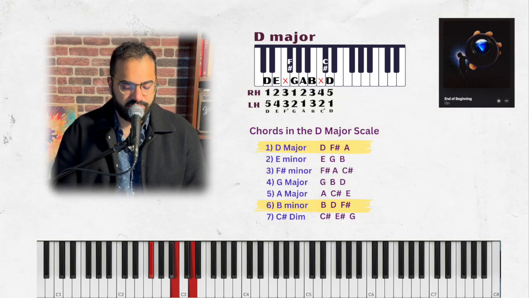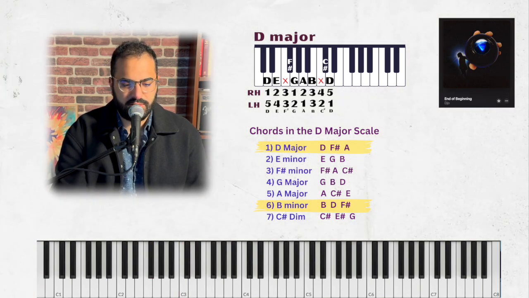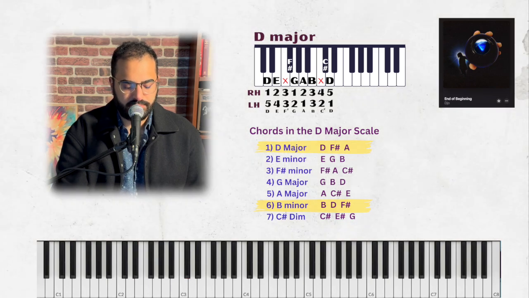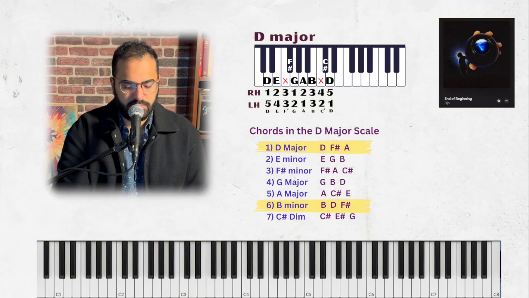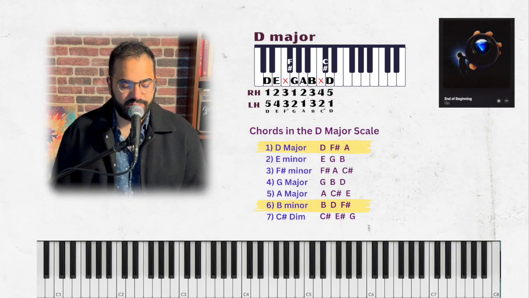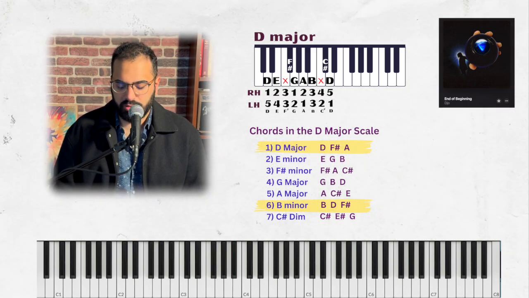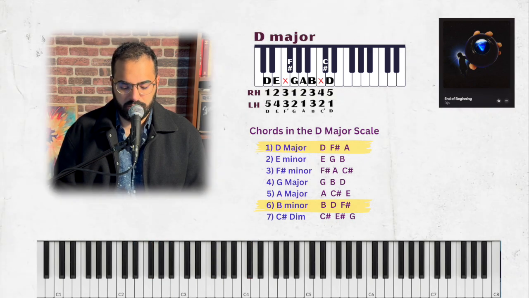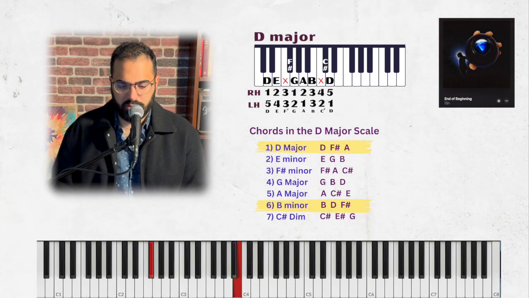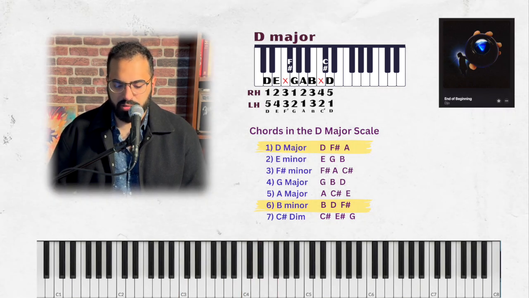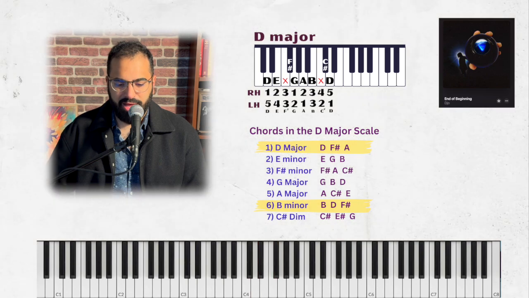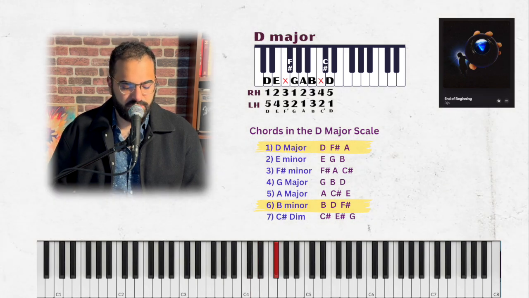Cool, let's see if there's actually another chord after the B minor. Let's see. Let's try that again. The last 2 beats of the measure goes like 1 and then on the F sharp he changes.